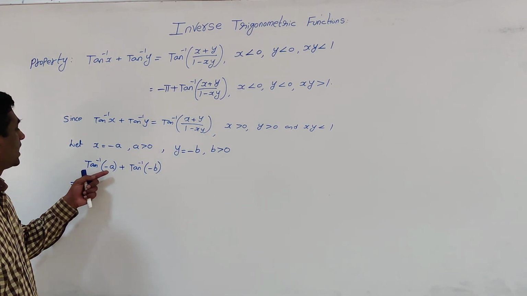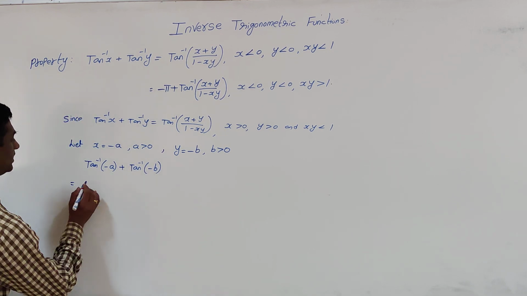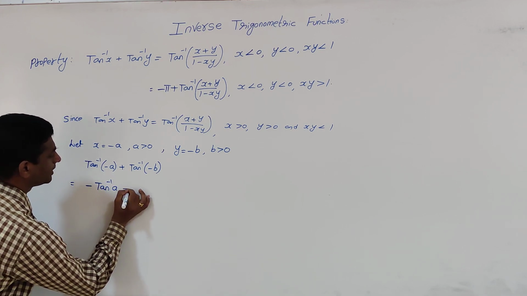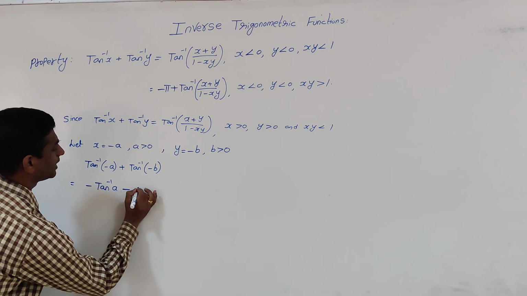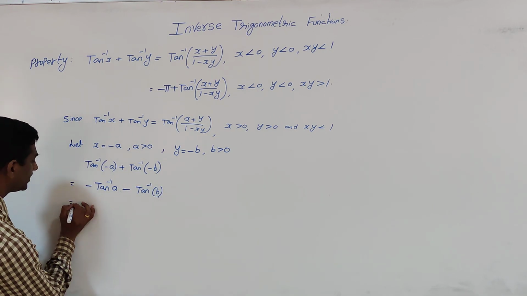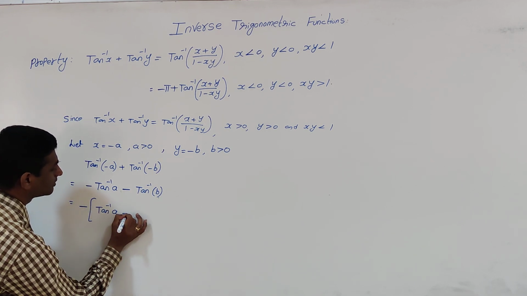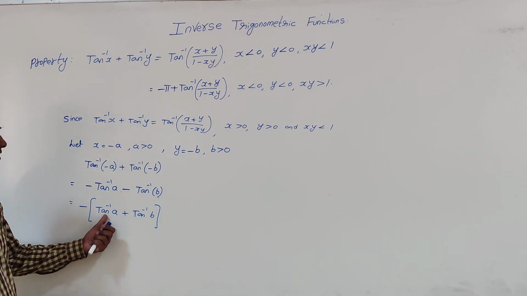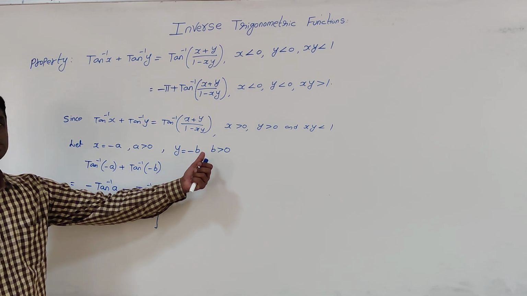So tan inverse of minus x is minus tan inverse of x. So it will be minus tan inverse of a, plus tan inverse of minus b, which is minus tan inverse of b. If you take the negative common, it will be minus of tan inverse of a plus tan inverse of b. Now a is positive, b is also positive.